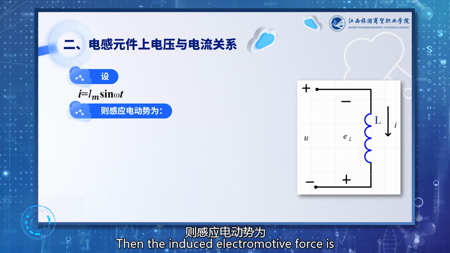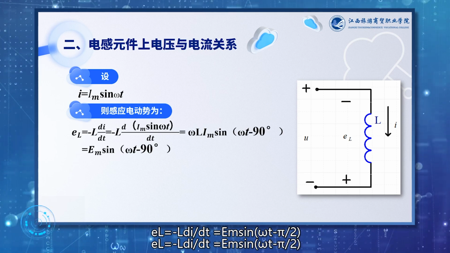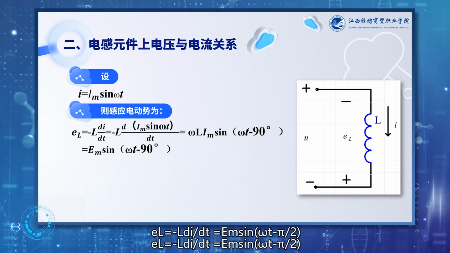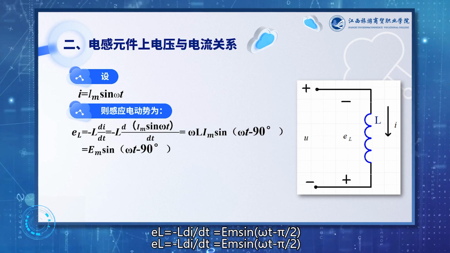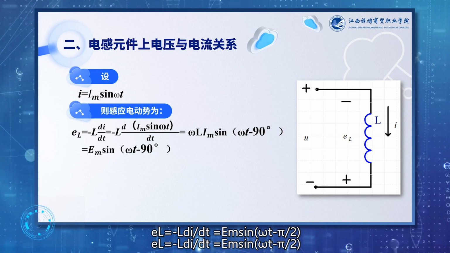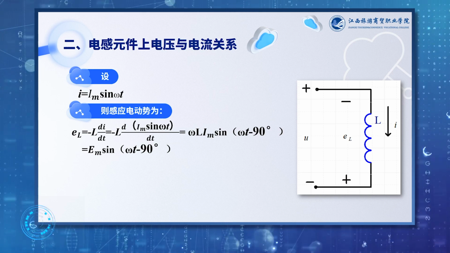Then the induced electromotive force is eL equals minus L di over dt, equals Em sine of omega t minus pi over 2.